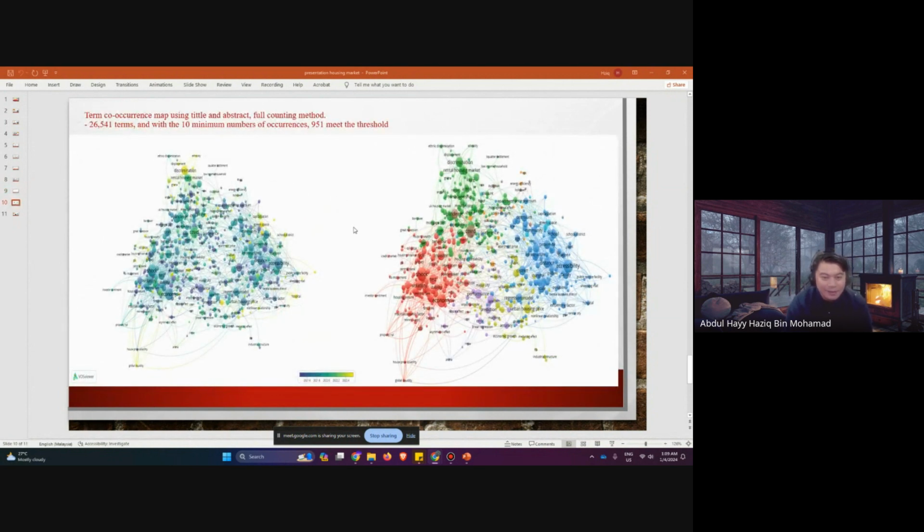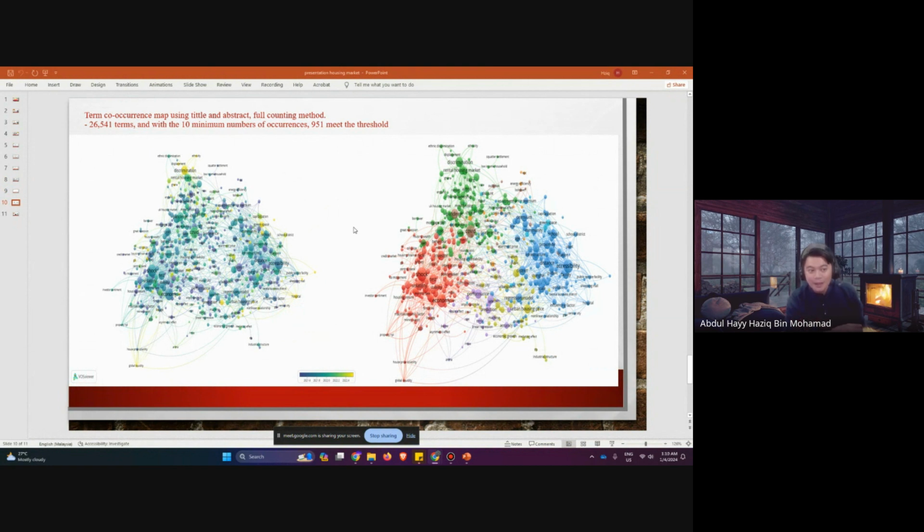Okay, this is the term co-occurrence map using title and abstracts, and I'm using the full counting method. And overall, I get 26,541 terms.